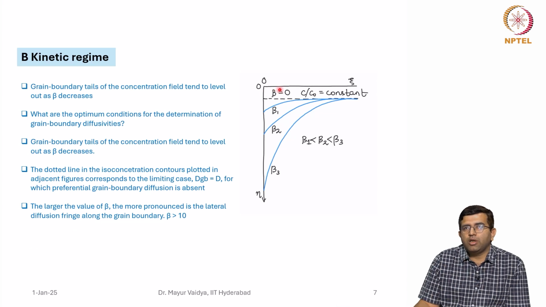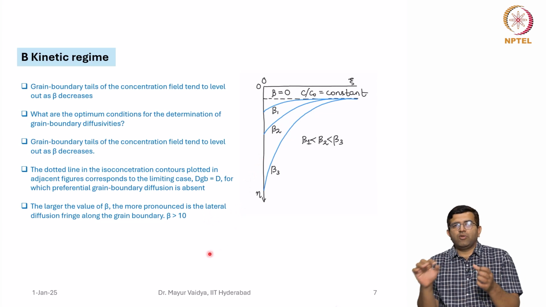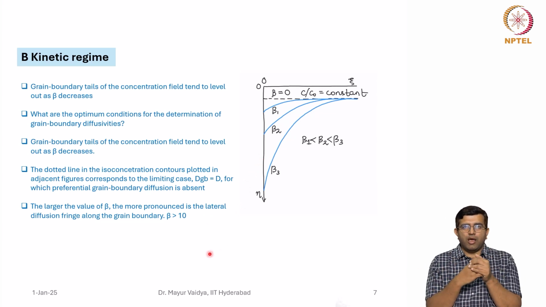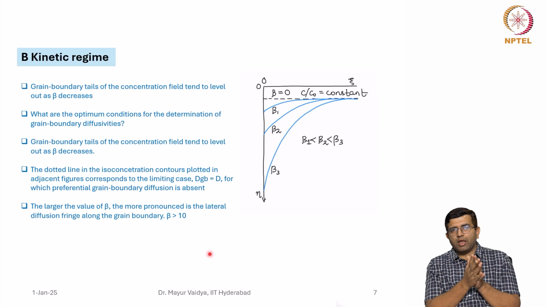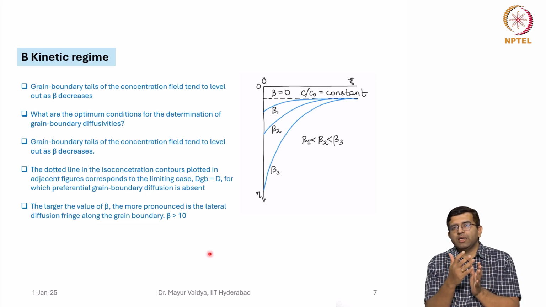So, this is shown here that if beta is equal to 0, this is almost equal to the case where D_GB is equal to D, and the grain boundary diffusion coefficient is not enhanced at all. As the beta increases, the diffusion fringes along the grain boundary become more pronounced. So, typically if you want to conduct a reliable grain boundary diffusion measurement analysis in this, you want to ensure that the beta is greater than 10.